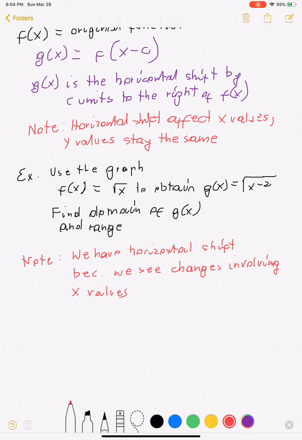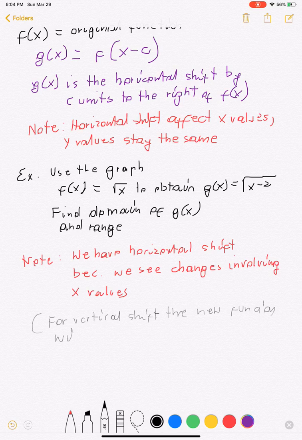Now in parentheses, for vertical shift, the new function will have equation g of x equals square root of x, minus 2.